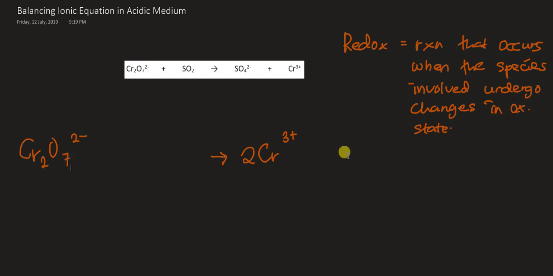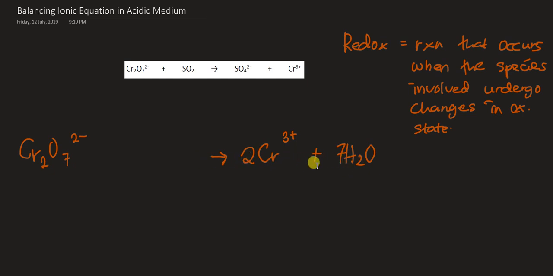There are none on the right hand side and 7 on the left hand side, which means the right hand side does not have enough oxygens. So we have to add 7 H2O, because each water molecule has only 1 oxygen. Now we have balanced the chromium and the oxygen atoms.